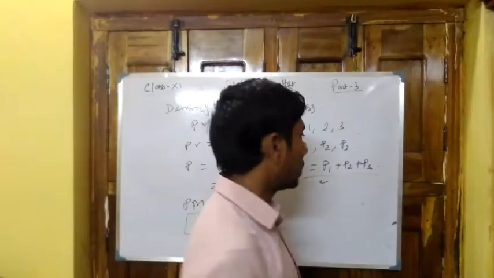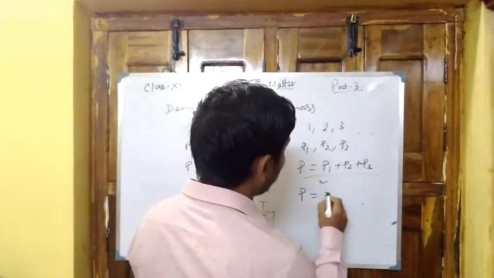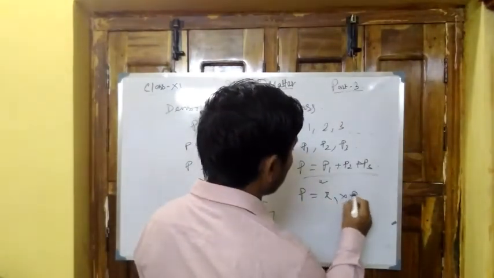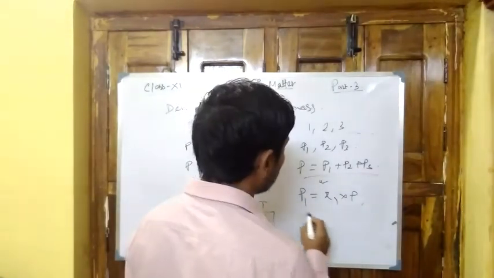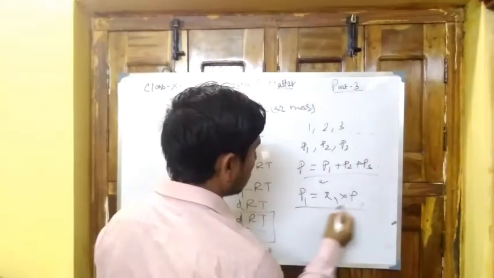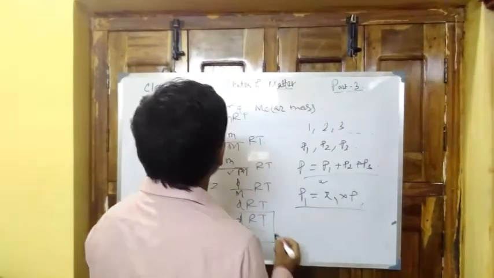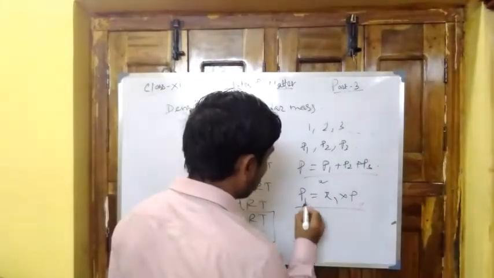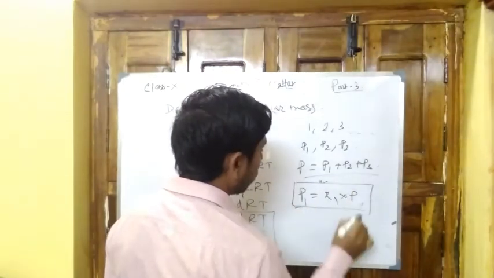Now, the partial pressure is equal to the mole fraction times the total pressure. It can be derived from Dalton's law. It is also an equation to remember.